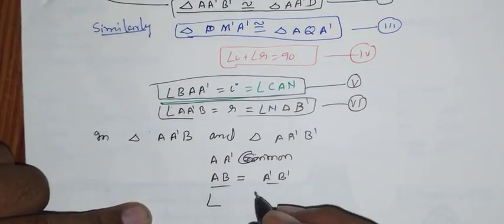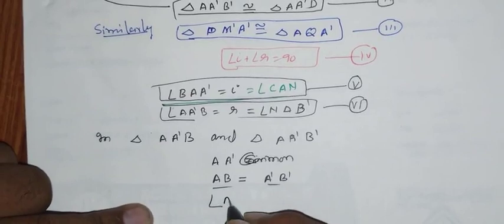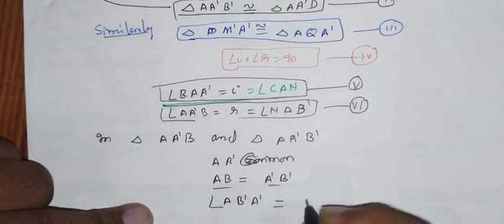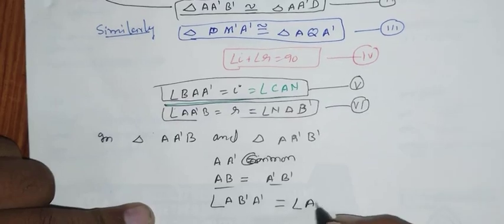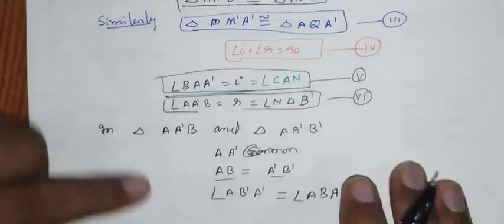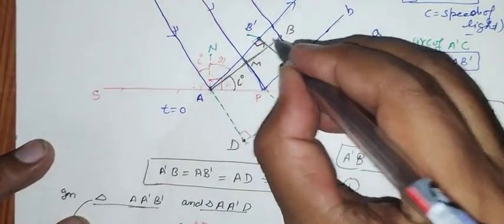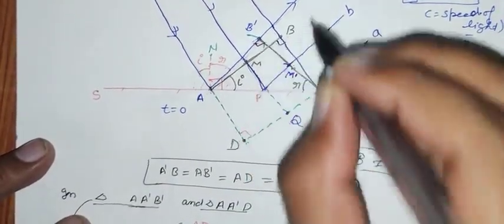What is this angle? Angle AB'A' is equal to angle ABA'. See in the diagram which angle is this and this, both are 90 degree. It is a right angle triangle.